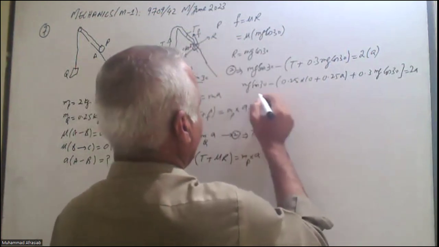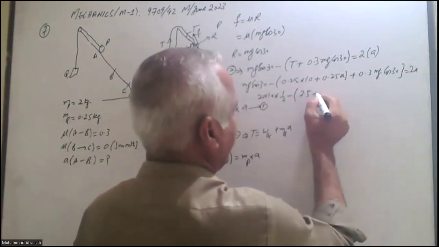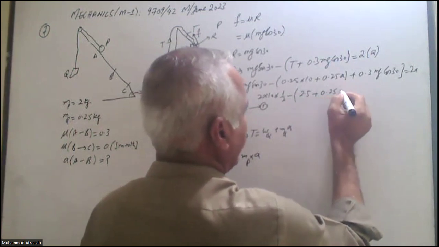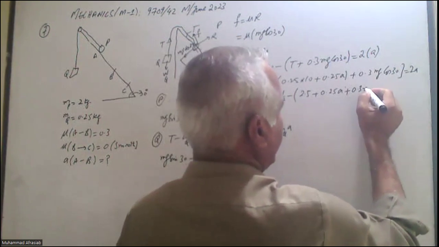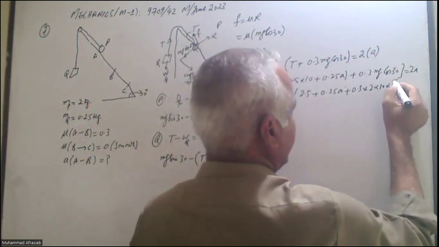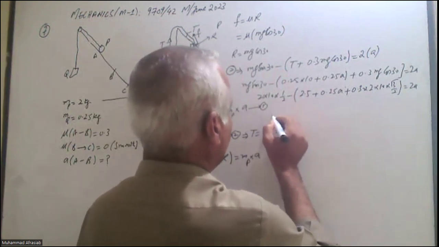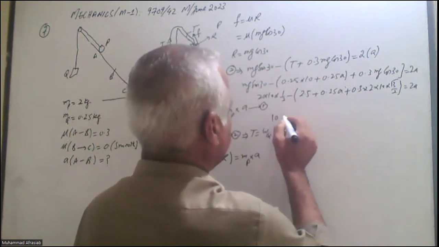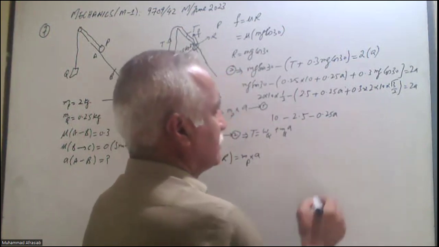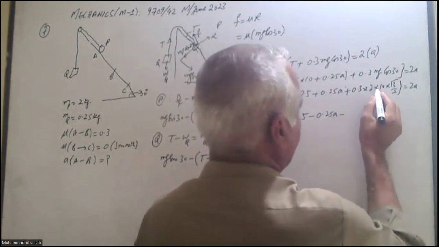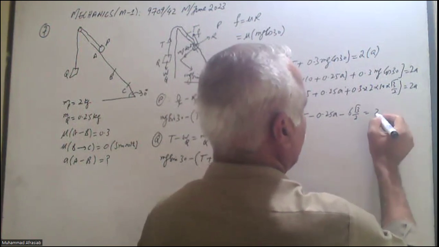Now we put the values here. The mass of the first particle is 2, g is 10, sin 30 is half, minus 2.5 plus 0.25a, plus 0.3 times mass 2 times g 10 times cos 30, which is root 3 over 2. That is equal to 2a. From this, 20 over 2, that is 10, minus 2.5, minus 0.25a, minus 3 root 3, since 0.3 times 2 times 10 is 6 and cos 30 is root 3 over 2, is equal to 2a.